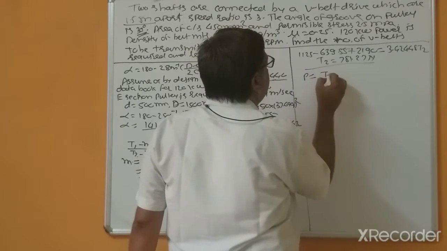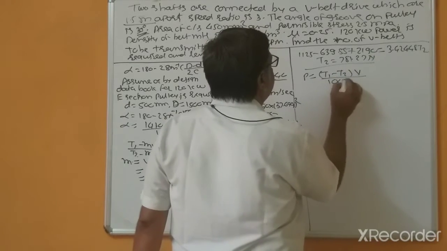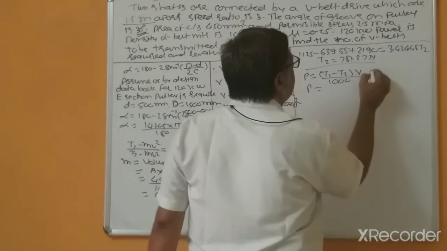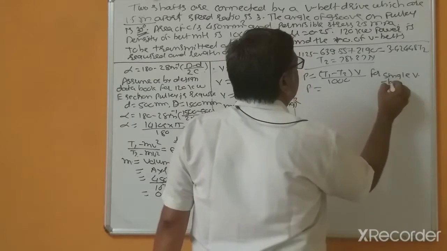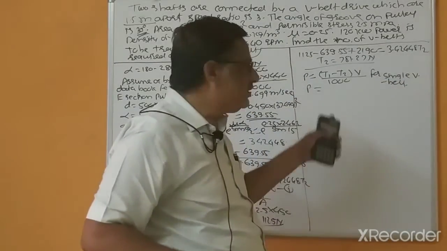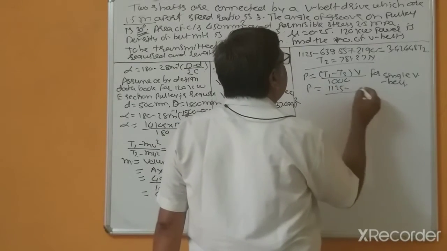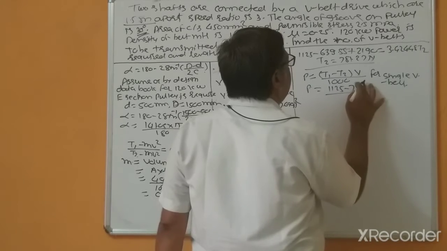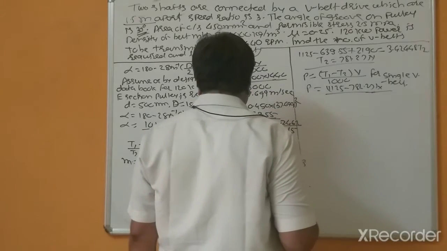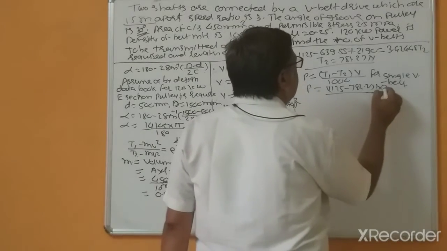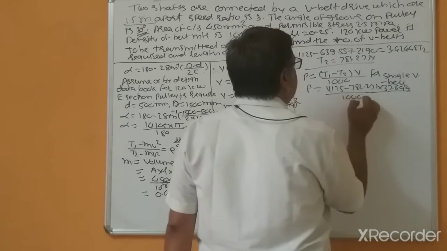All right. So the power transmitting capacity of the single belt is equal to (T1 minus T2) multiplied by V divided by 1000. This is for a single V belt, because T1 is for the single belt. So (1125 minus 781.27) multiplied by velocity 37.699 divided by 1000.